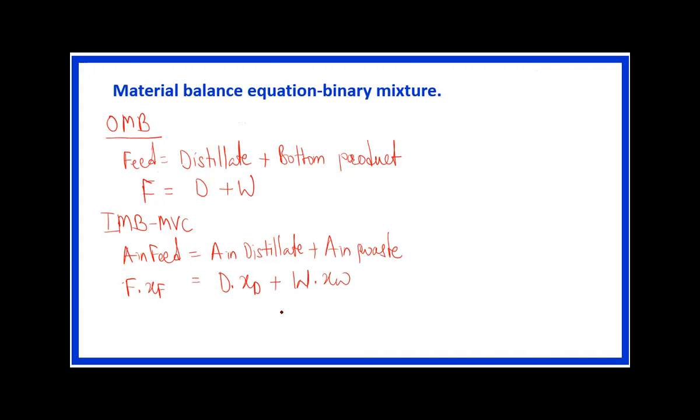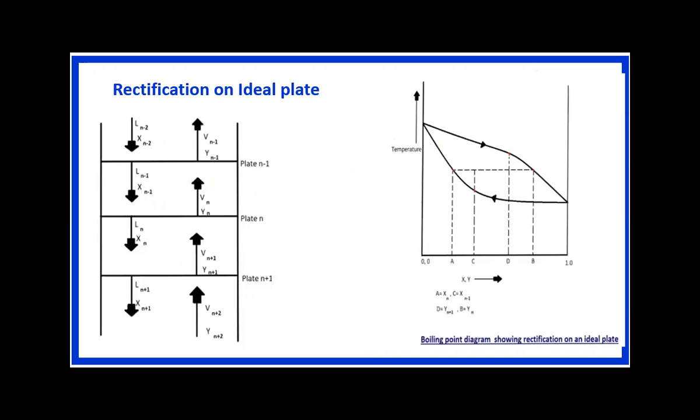So these are the material balances, that is the overall material balance equation and the material balance of MVC for the rectification or fractionation technique. Now the rectification on the ideal plate is one of the additional concepts in this rectification technique.